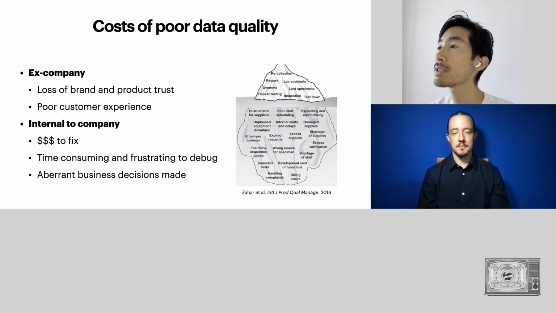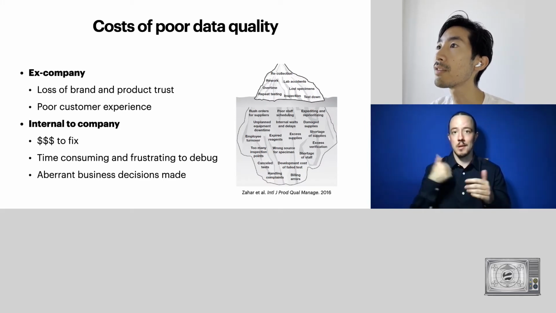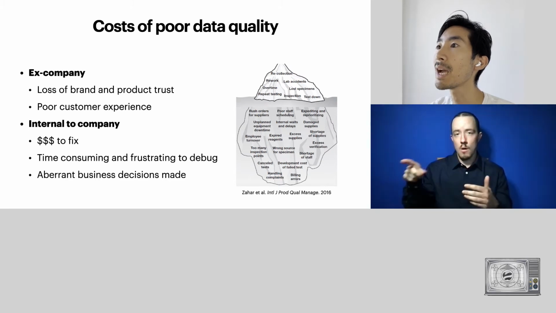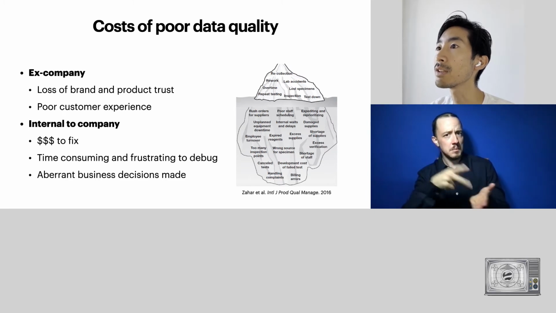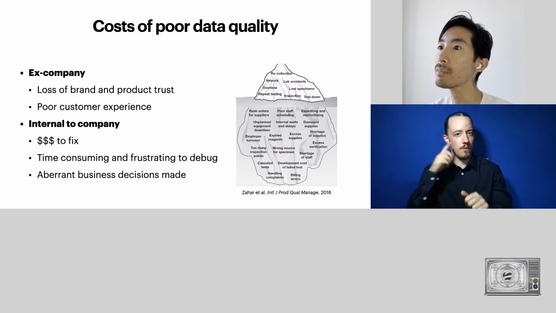So lots of cost to this poor data quality. We may only notice a couple of these, but that's just the tip of the iceberg. So outside of our company, there could be a poor consumer experience. Say we're Netflix, we end up thinking that our customer hasn't paid its bill, but they actually have. That could lead to a loss of brand trust and frustration and reputation for our company.